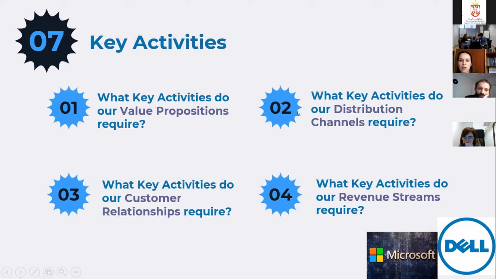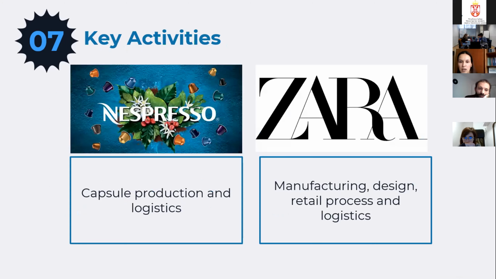Also, different key activities are needed depending on the type of business model, and we can see key activities in the case of Nespresso and Zara. For Nespresso, key activities are capsules production and logistics, while in the case of Zara, manufacturing, design, retail process, and logistics.